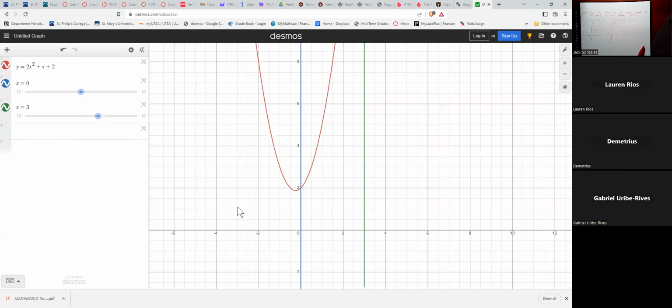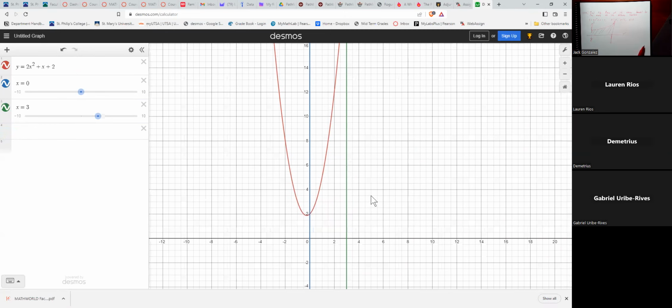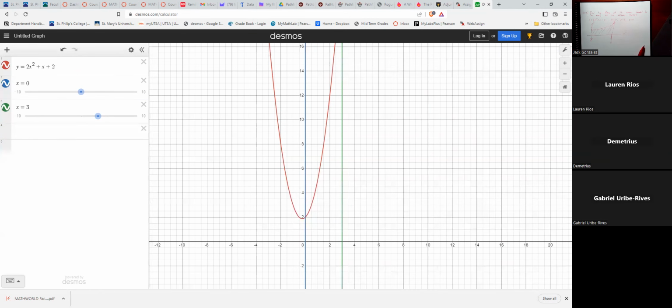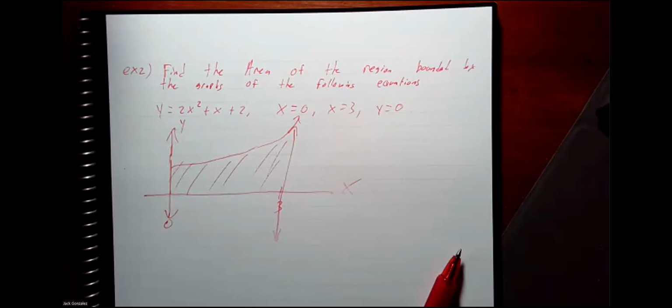So the area that we're finding is in here. So that's what we're looking for. The area from 0 to 3 all the way up to here. That's what I was kind of trying to draw. Something like this, right?